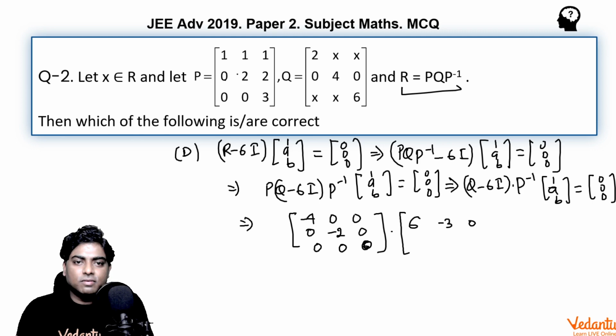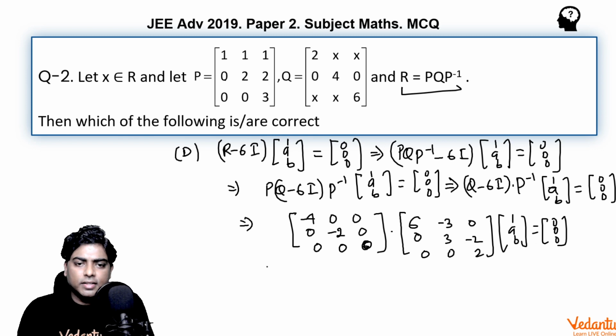So for 1 it is 0, for 2 it is 3, for 0 it is minus 2, and for the third row, third column, you'll get 2. So we are getting this, and 1AB it is 0, 0, 0.